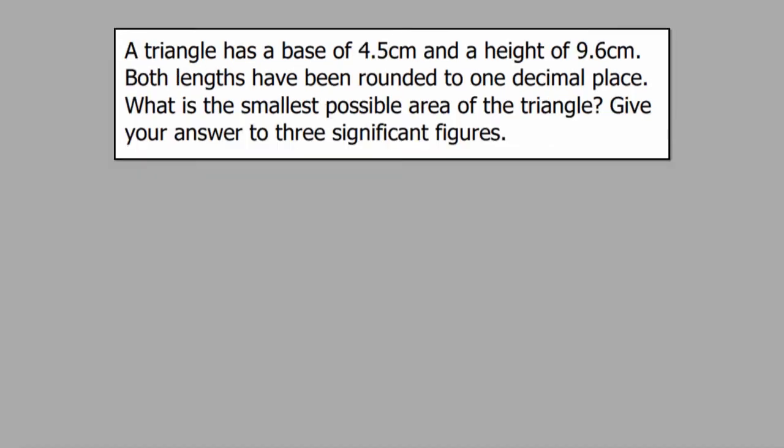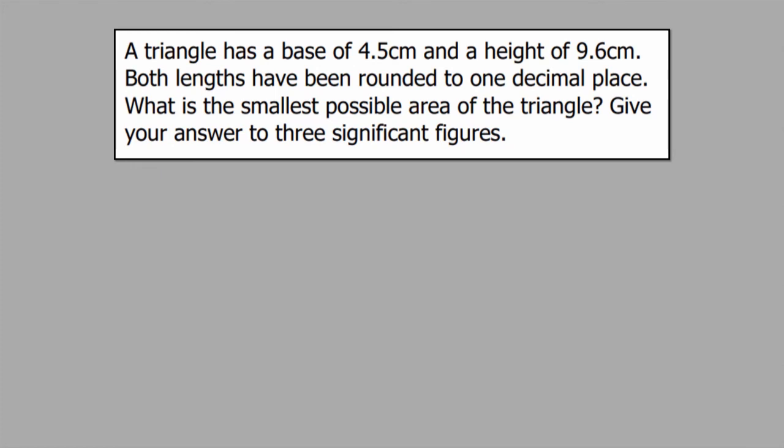A triangle has a base of 4.5 centimetres and a height of 9.6 centimetres. And these lengths have been rounded to 1 decimal place. So what's the smallest possible area of the triangle? So this time we'll take the lower bounds of the two measurements.